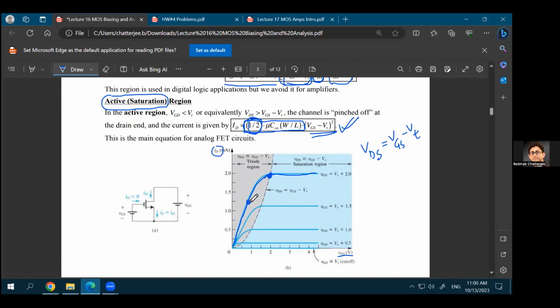Now, you can fix any of those voltages as your operating voltage. You'll say, I want to fix my drain voltage at this, my source voltage at this, which means I'm operating at a particular VDS. Let's say I'm here.